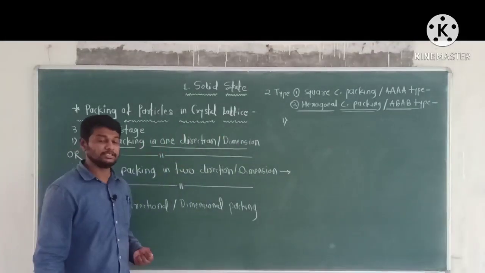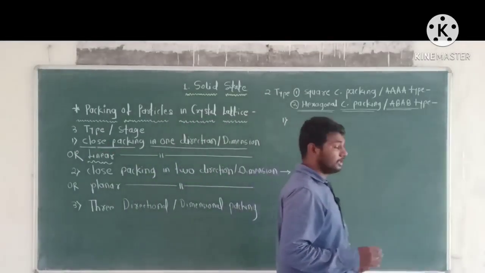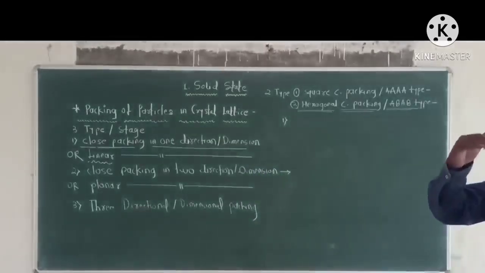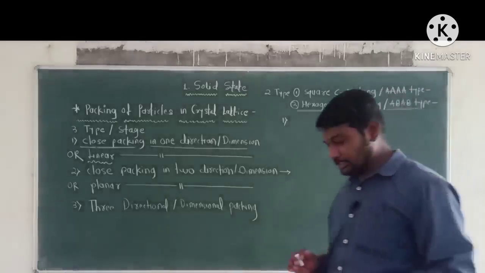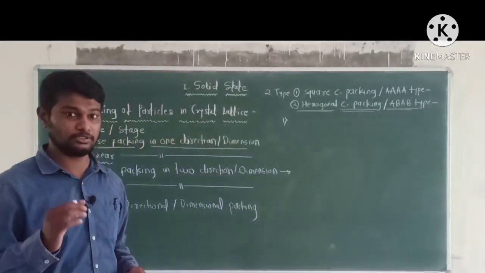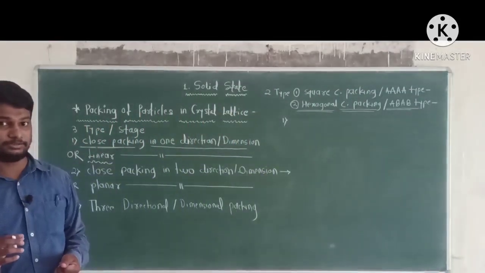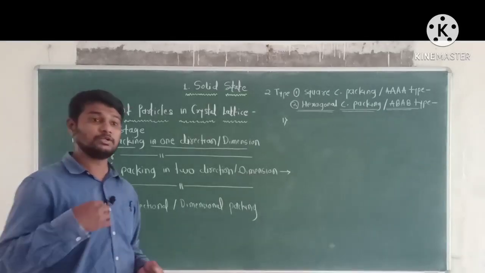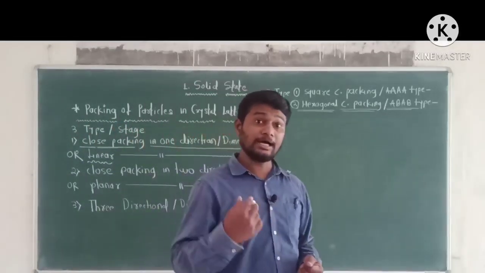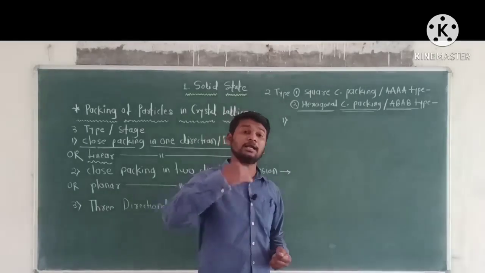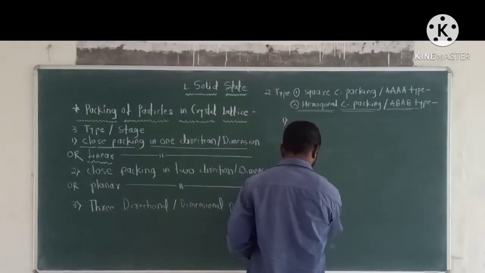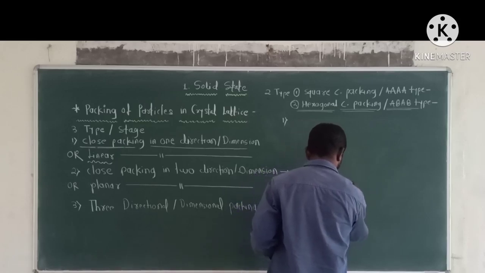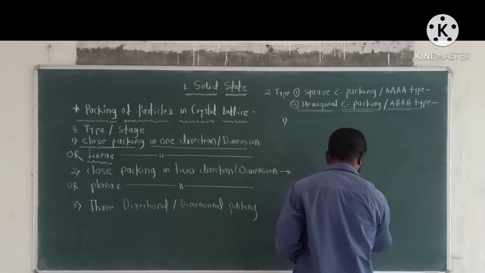this type of packing is made when the rows of constituent particles are placed over each other in such a way that the crest of a constituent particle is placed between the troughs of 2 other constituent particles of another row. Okay. For example, this is a row of constituent particles.